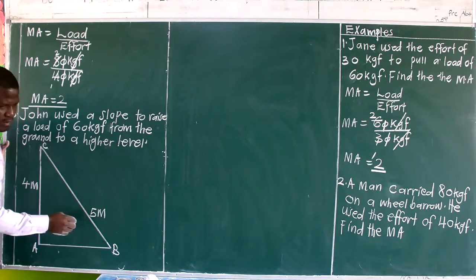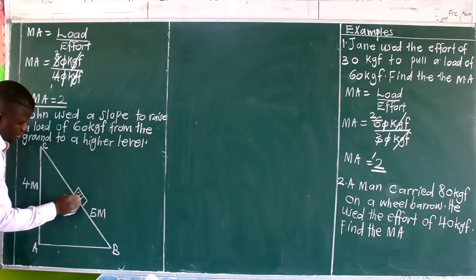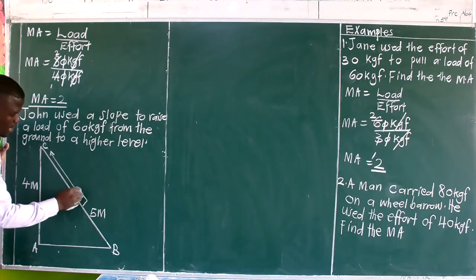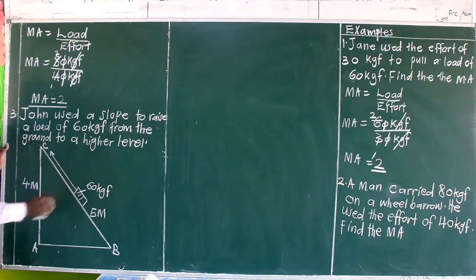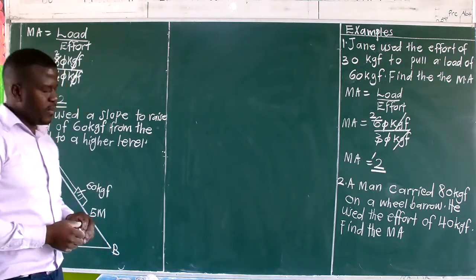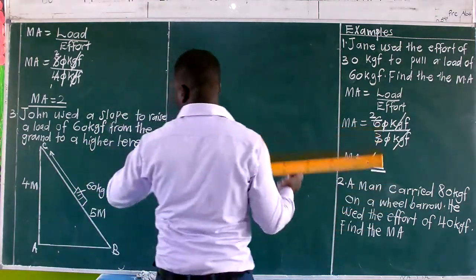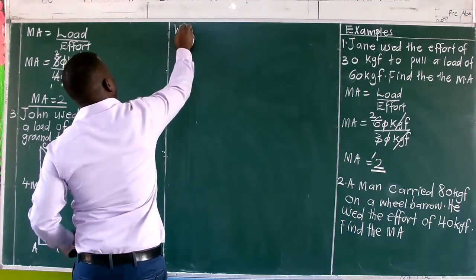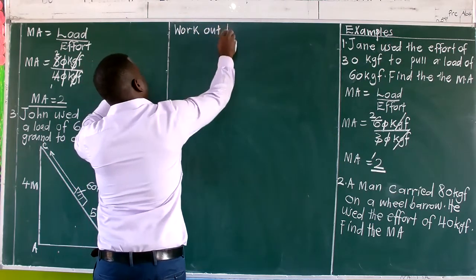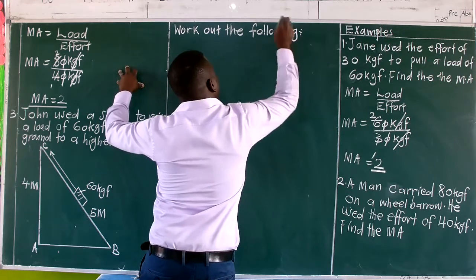So a load of 60 kilogram force was carried from point B to point C along the slope. So you work out the following.